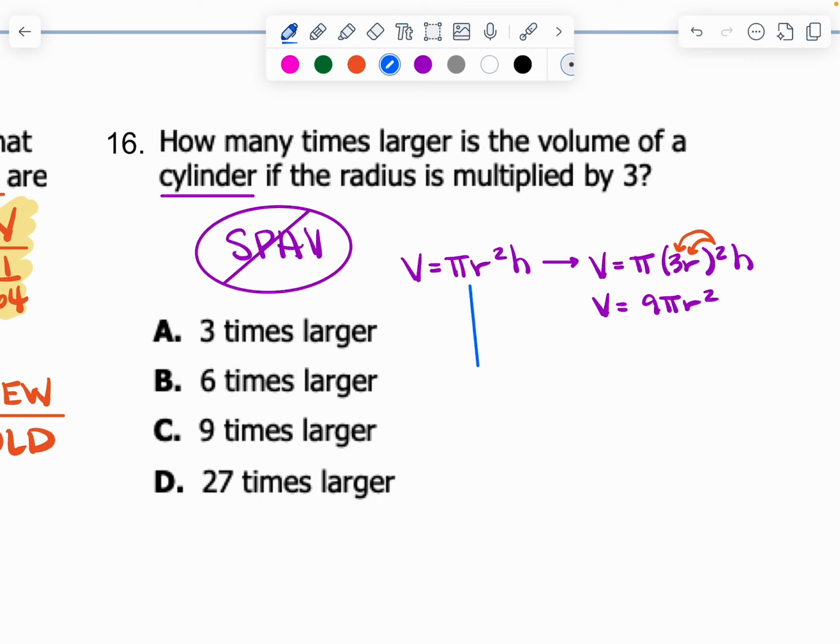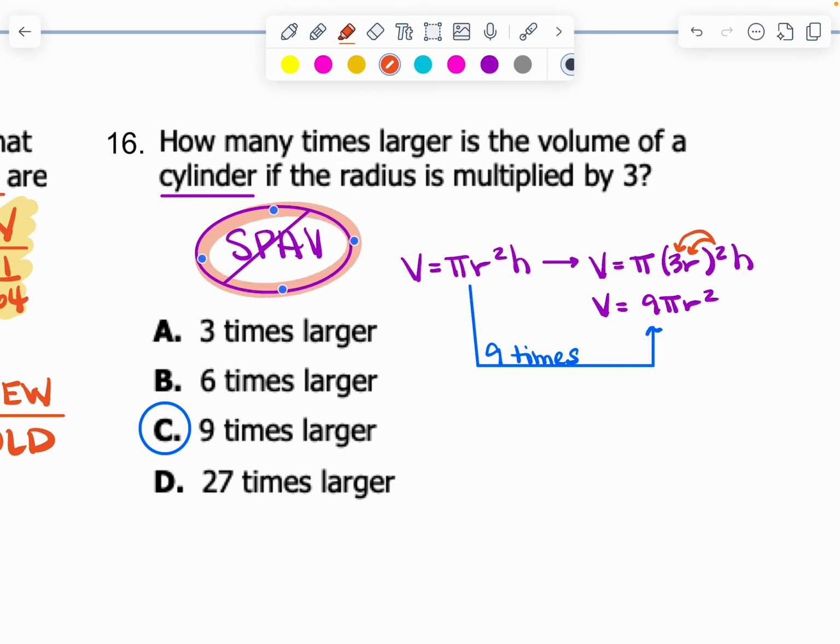So this is going to turn into 9 pi r squared h. And when I compare that original untouched volume formula to the new one after I've tripled the radius, I can clearly see that it's 9 times bigger. And so that's why our answer choice is C.